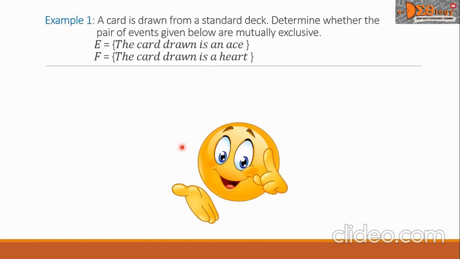Let us have some examples. Here is example 1. A card is drawn from a standard deck. Determine whether the pair of events given below are mutually exclusive. Event E, the card drawn is an ace. Event F, the card drawn is a heart.